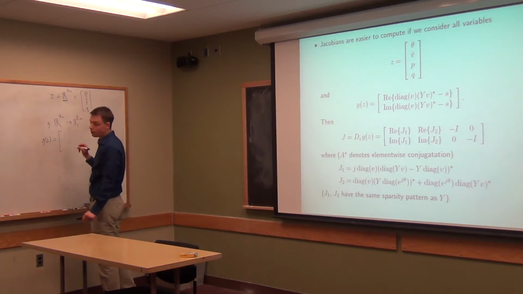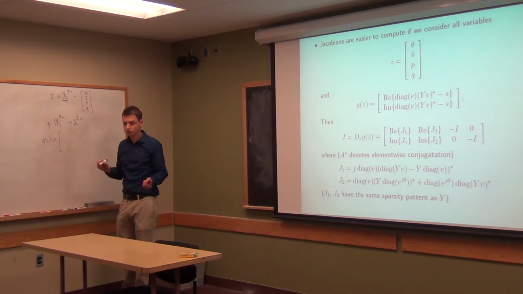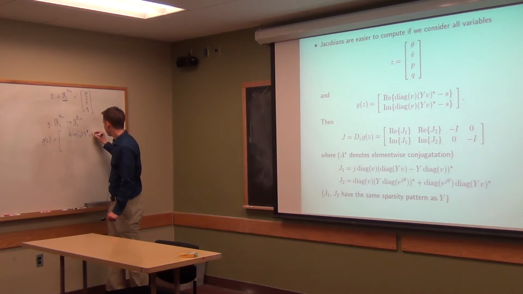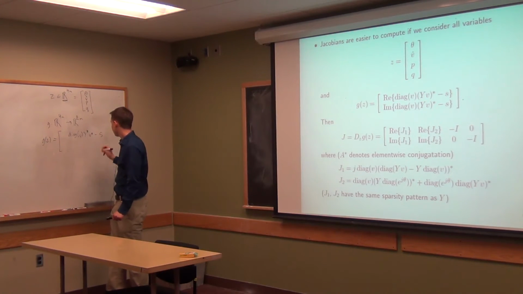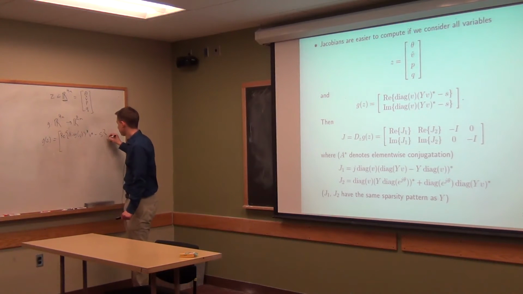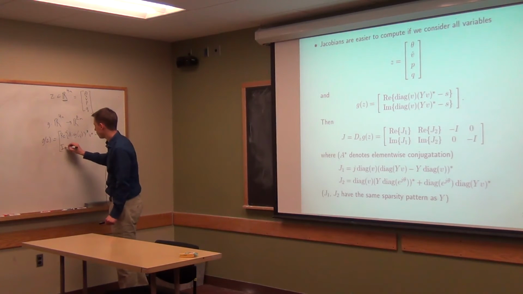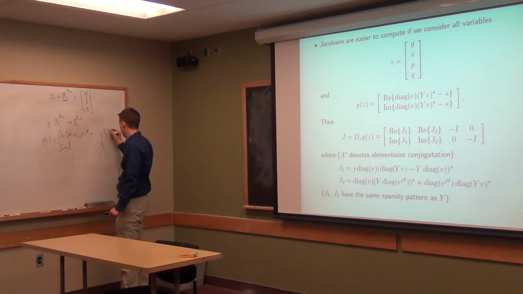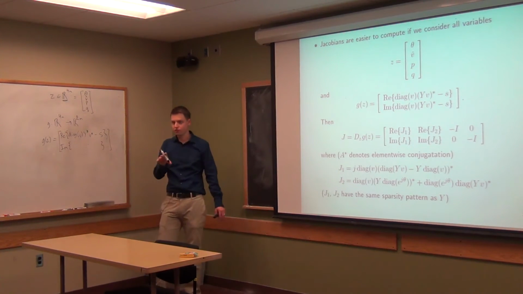So remember, our equation basically is diag(v) y v minus s, and we'll have the real portion of this and the imaginary portion of this as our definition for G.